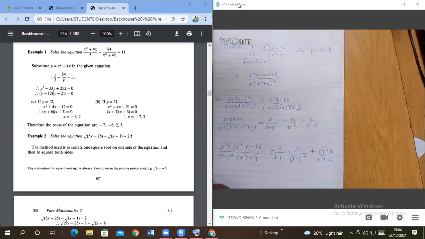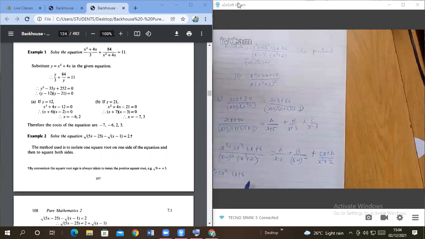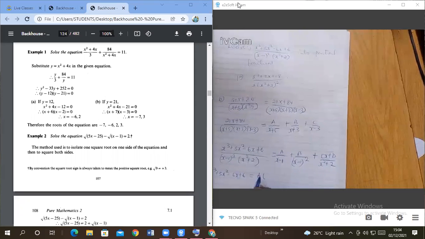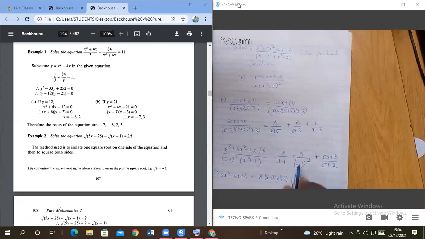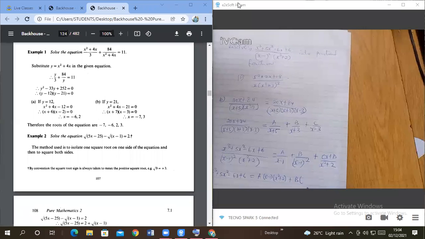So we are going to say x cubed plus 5x squared minus 6x plus 6 is equal to a into, if I multiply a by this, I remain with x minus 1, x squared plus 2. Then we have b, multiplying this by the denominator, the x minus 1 squared will go, and I remain with x squared plus 2 only.